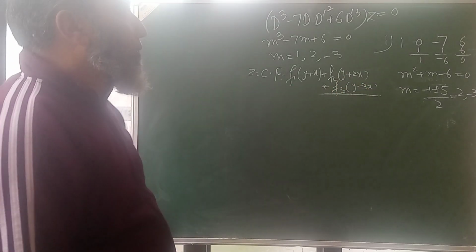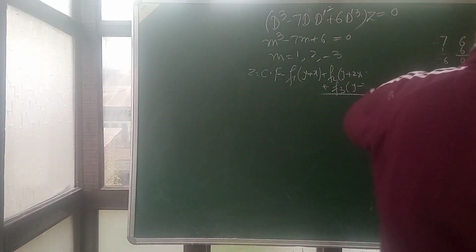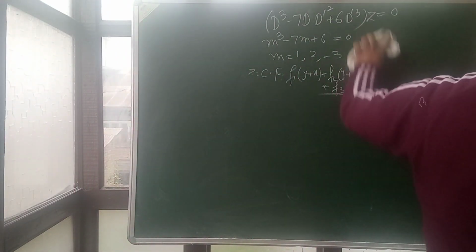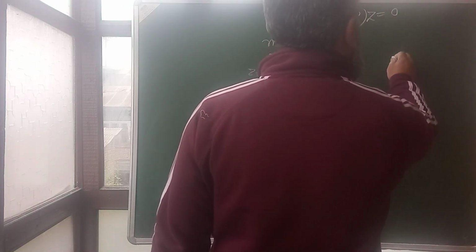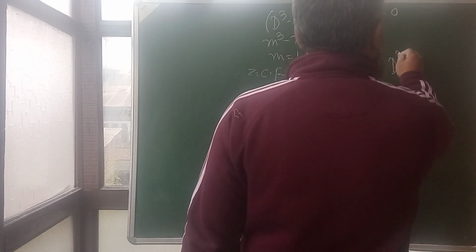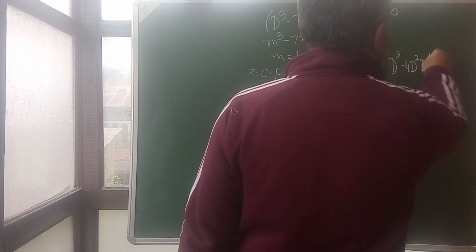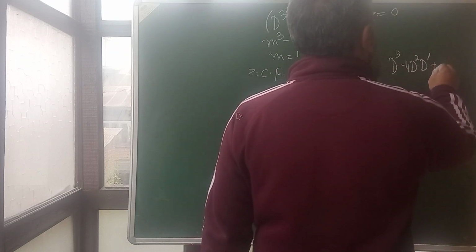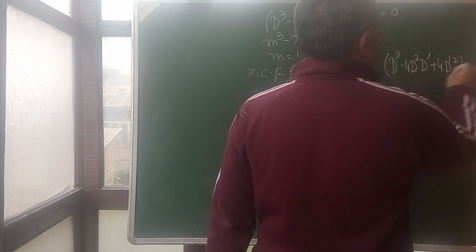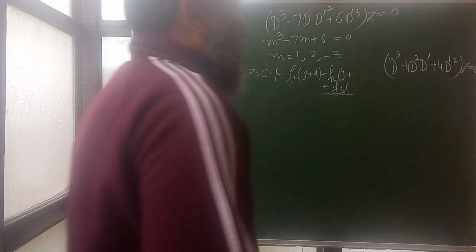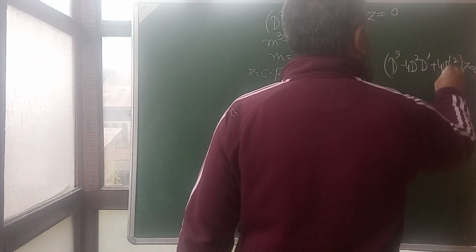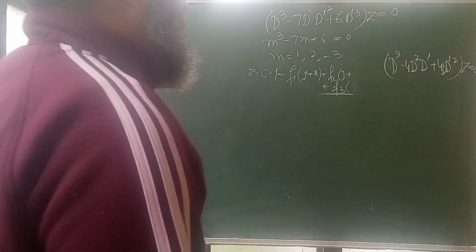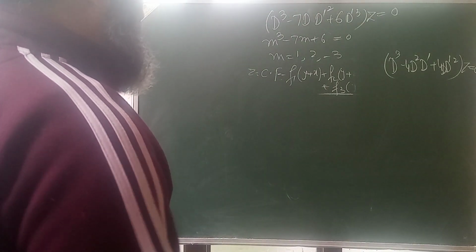This is it. Let us take one more question. Say you have (D³ - 4D²D' + 4DD'²) operating on z equal to 0.